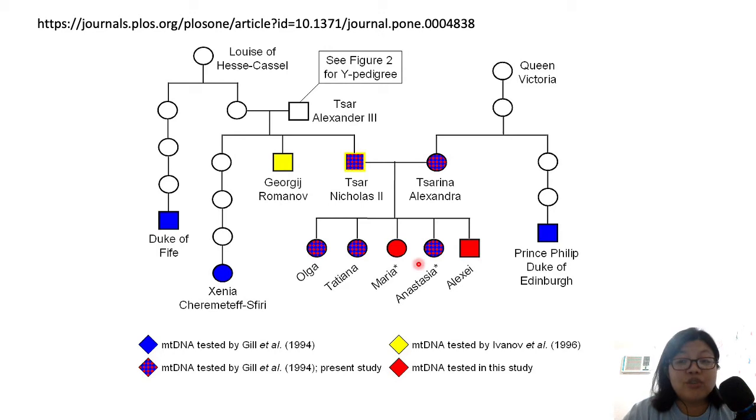The result showed that the two missing children of Tsar Nicholas and Alexandra were accounted for in the second grave. Alexei was positively identified, along with one female daughter.